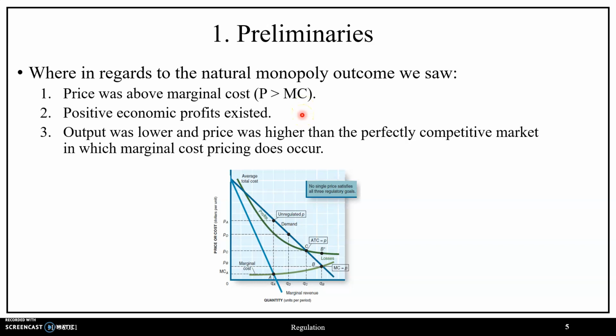We also observed that positive economic profits existed, as we saw with the standard more general monopoly outcome case, and this also resulted in equilibrium in a lower amount of output and a higher price point than what we would see in the perfectly competitive market structure, given that we do not have marginal cost pricing.